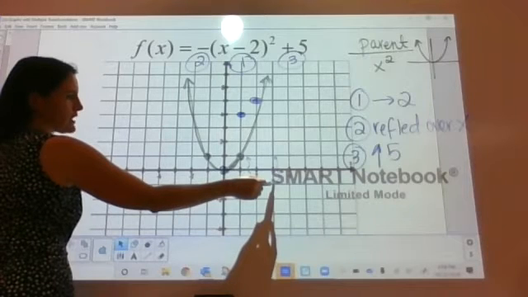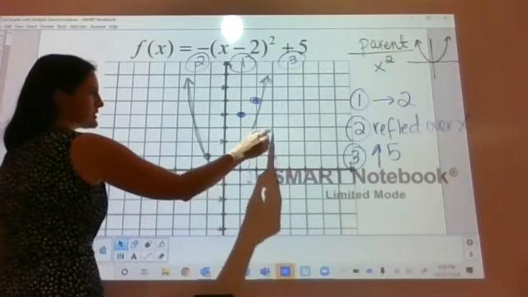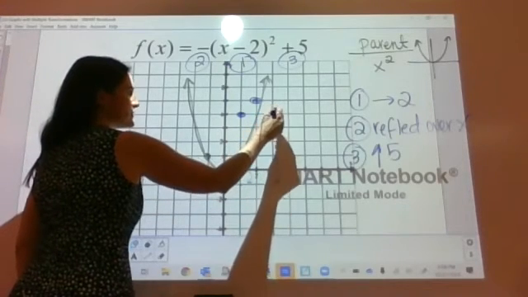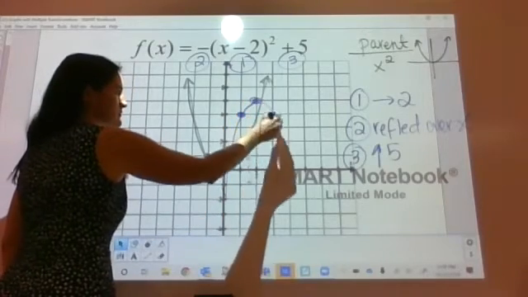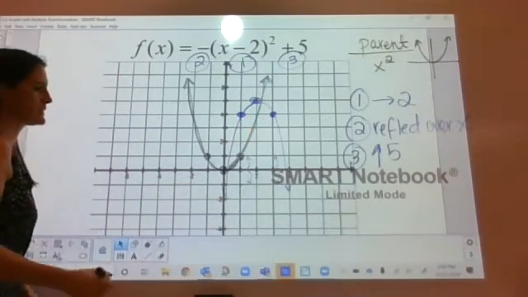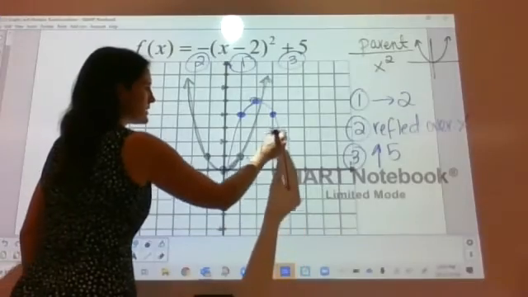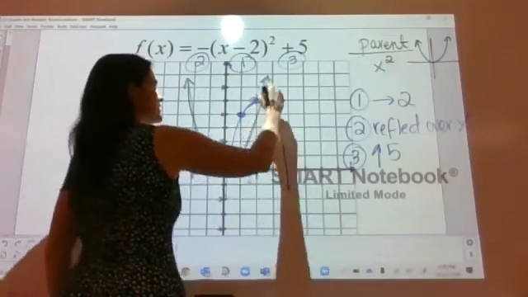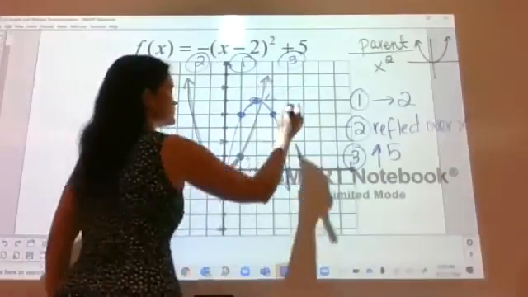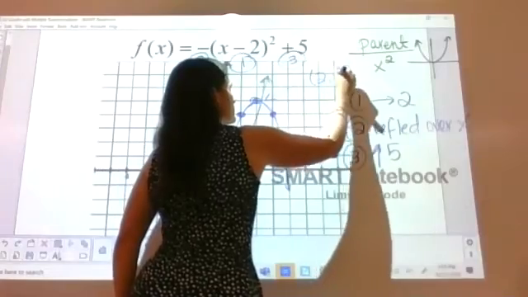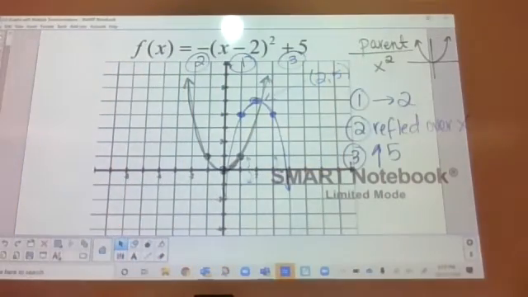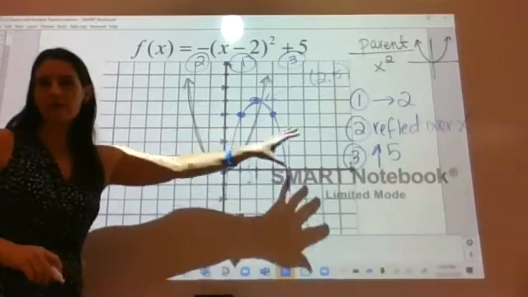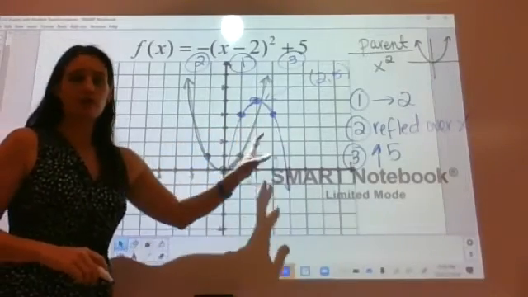And then I need to go up 5. 1, 2, 3, 4, 5. And so the vertex point is at 2, 5. Right? That is your systematic way of doing it, point by point transformations.